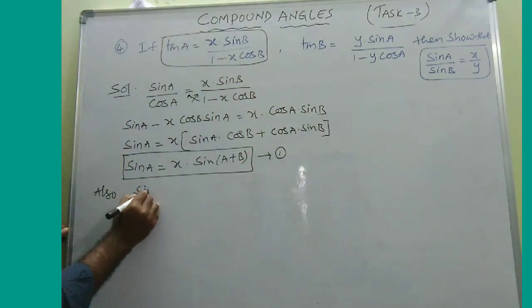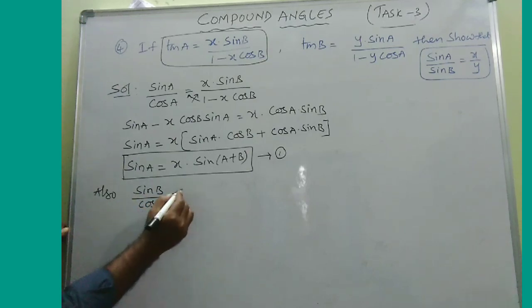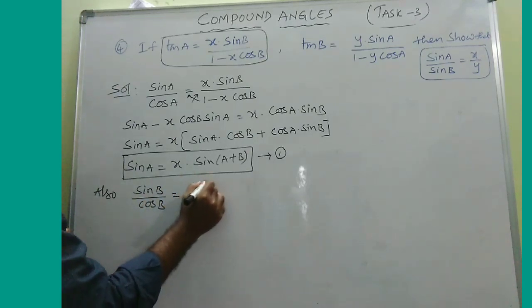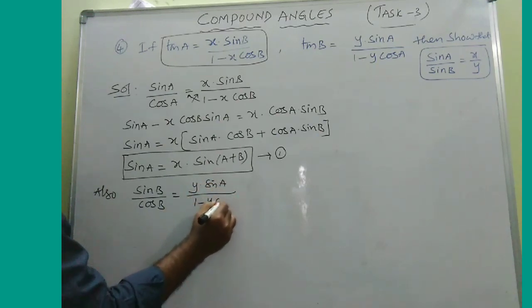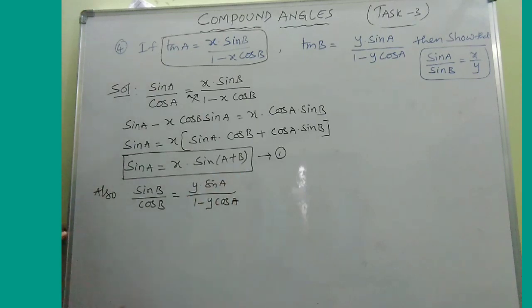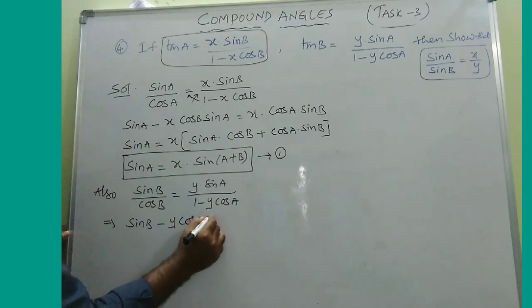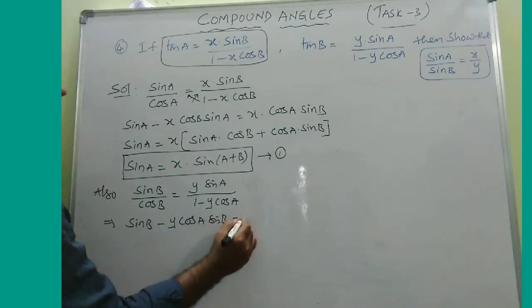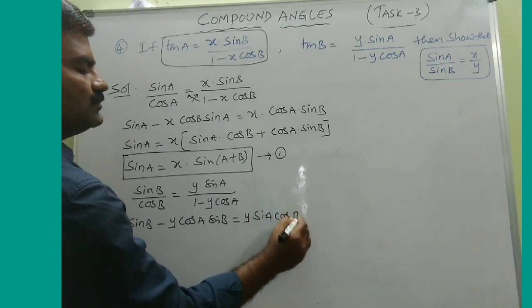Tan B can be written as sin B by cos B, which is equal to y into sin A by 1 minus y cos A. So once again, cross multiplication: sin B into 1, sin B minus y into cos A into sin B, which is equal to y into sin A into cos B.